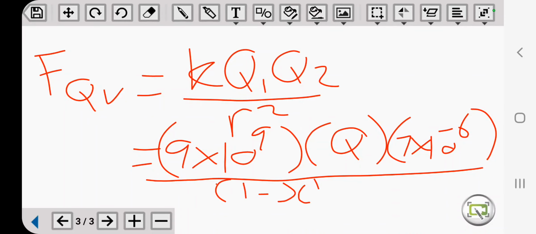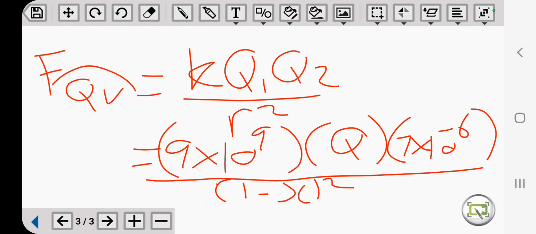1 minus x, squared. But we know that the force between P and Q is equal to the force between Q and V. Therefore, we can equate these two forces to each other.